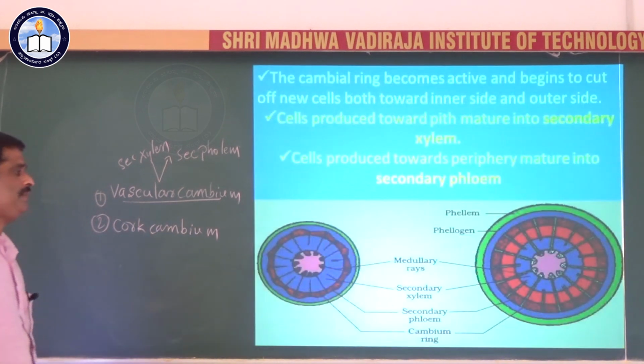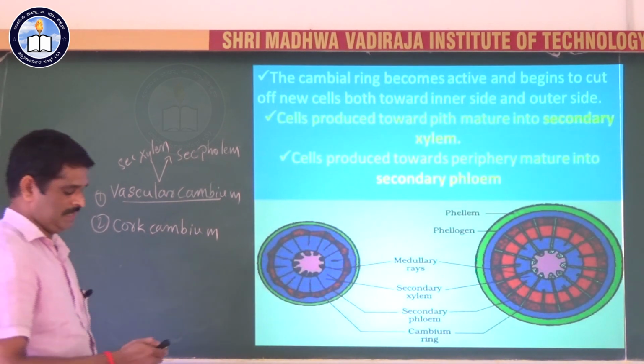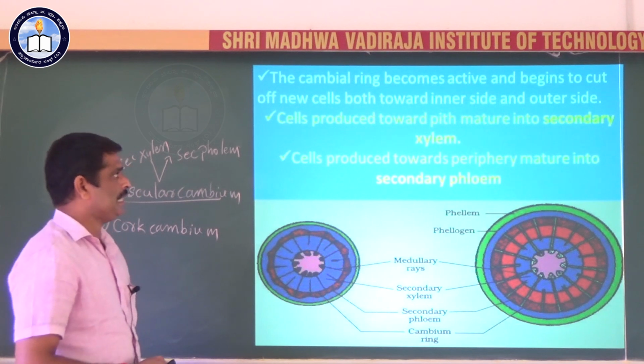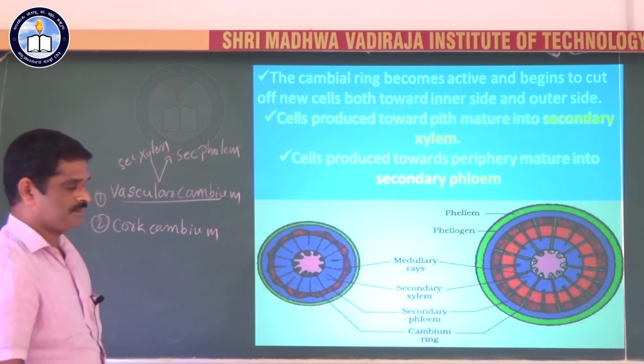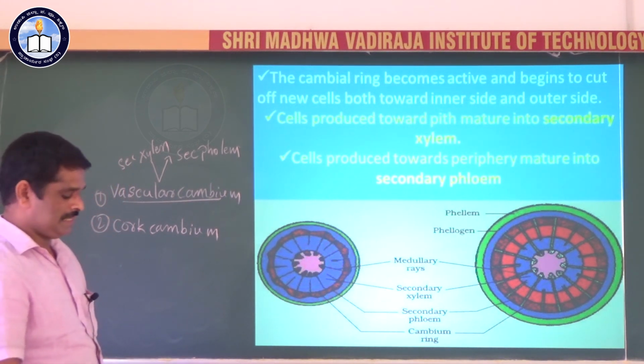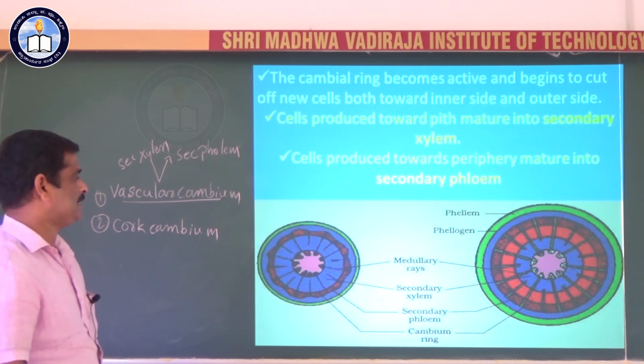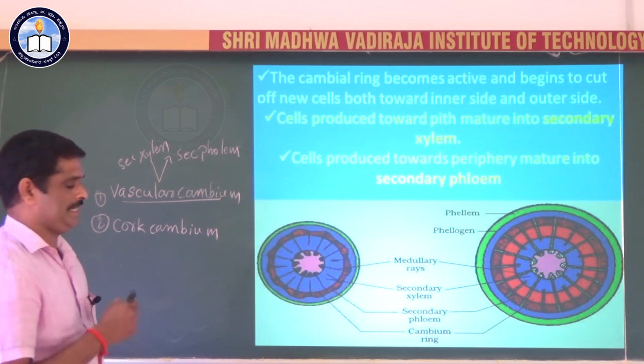Let's study the activity of this vascular cambium. The vascular cambium thus produced cuts off new cells both on its inner side as well as on the outer side.